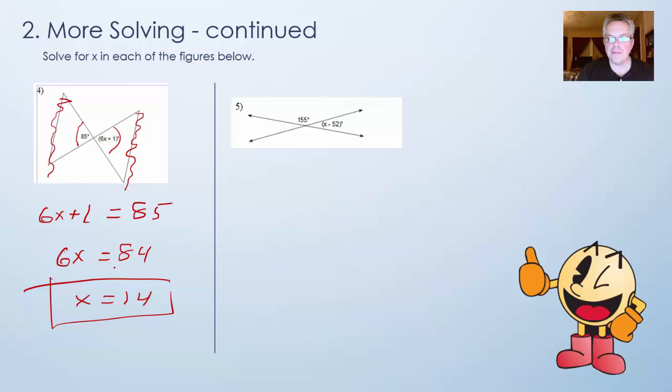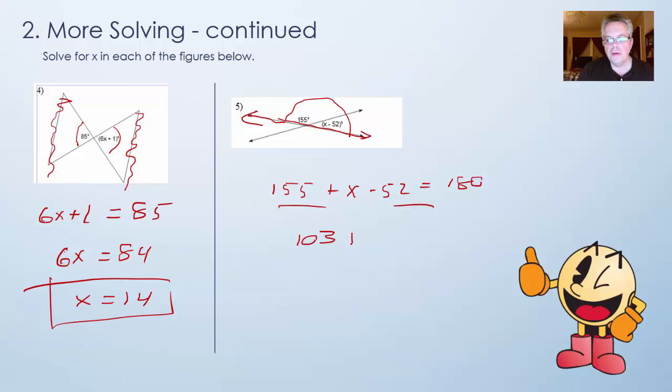Super. Last example. Take a look. These 2 angles together form this straight line right here. So they must be a linear pair. 155 plus x minus 52 has to be 180. Combine like terms, we get 103 plus x equals 180.